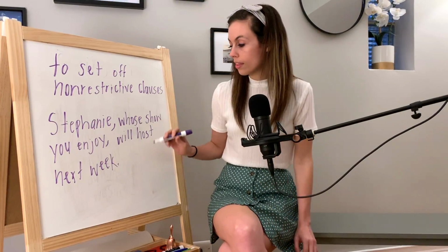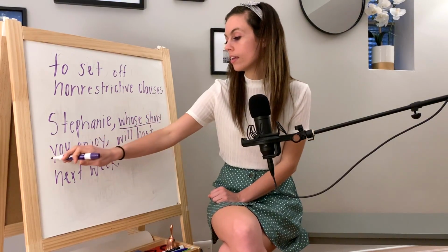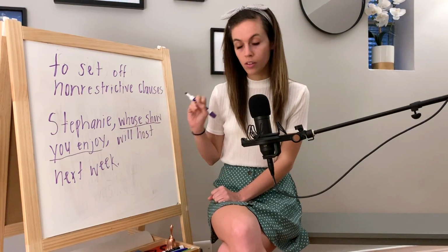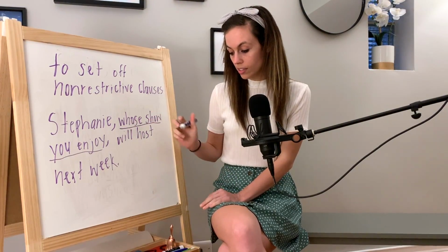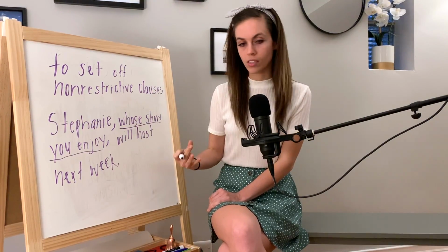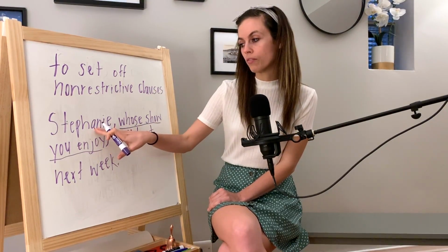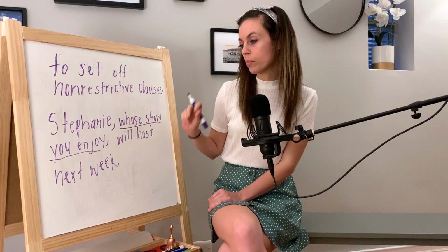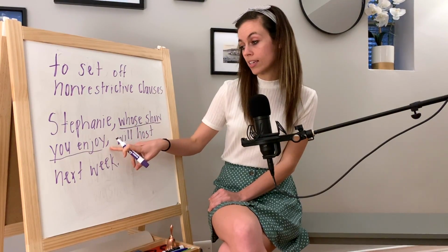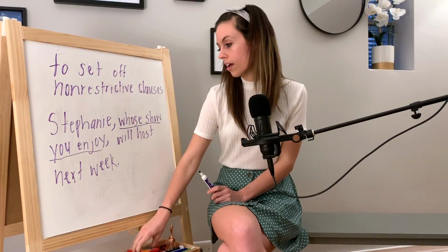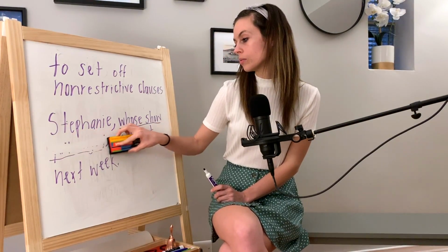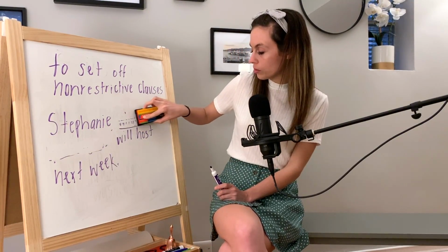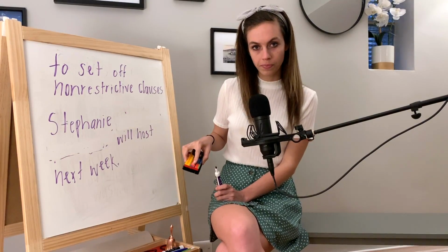Okay, so this right here is our non-restrictive clause. Okay, so we want to use commas to kind of enclose those, and what that means is these are just non-essential things for a sentence. So it's just kind of giving you more information about Stephanie or an object. So you want to put a comma before and after, because if I erased it, the sentence would still make sense. You could still say, Stephanie will host next week. Okay?